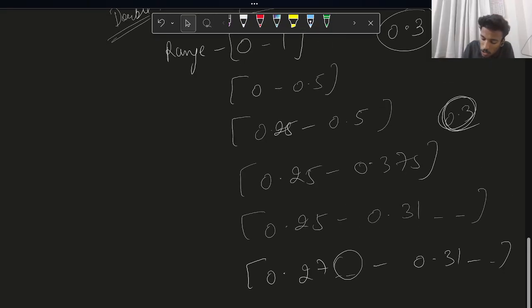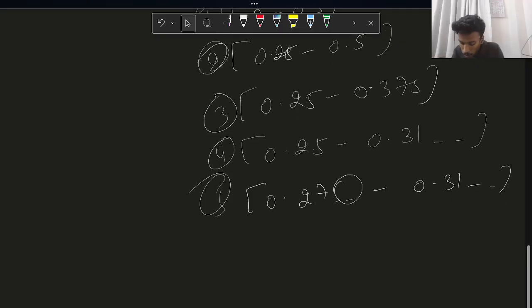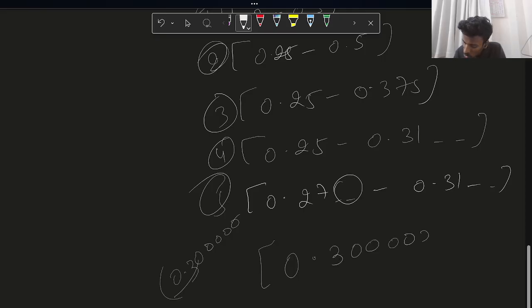As you keep increasing the number of iterations, a time will come that your answer may not exactly reach 0.3, but something like 0.30000001123.